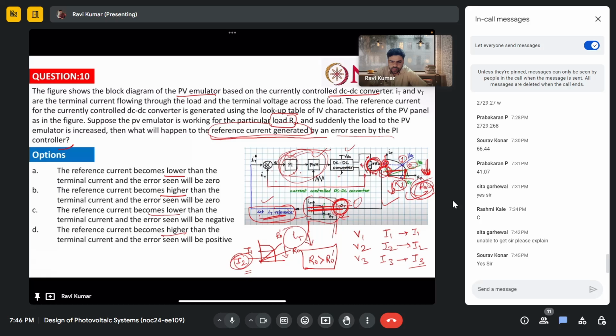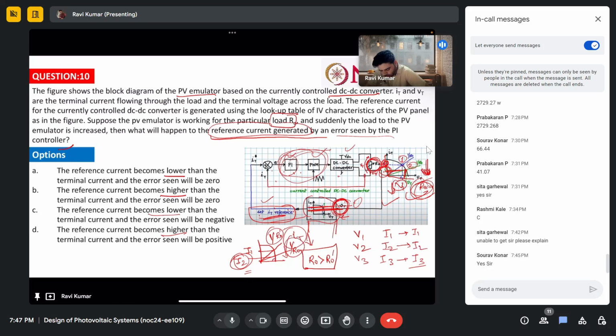Is that the correct thing? I'm thinking. See, if R naught is increasing, will R naught decrease or increase? That is my doubt. Okay, I got your point. It is 1 by R naught. Yes, sorry, it is 1 by R naught.